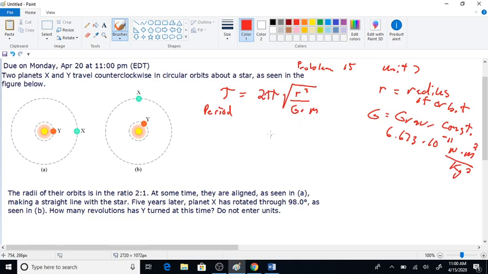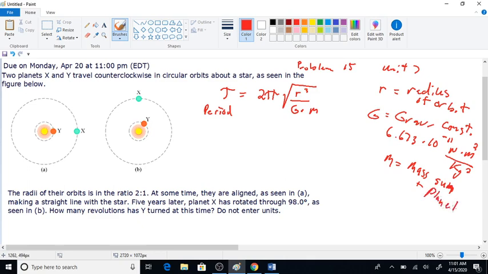The M stands for the mass of the two bodies: the mass of the sun, in this case, or star, whatever you want to call it. We don't know what this is for the star, and the mass of the planet.